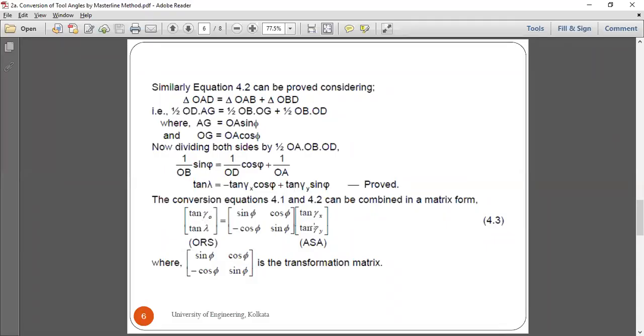And suppose you want to convert it to angles gamma x as a function of gamma naught and lambda, or gamma y as a function of gamma naught and lambda. In that case, you have to use the inverse of this transformation matrix, then you will be able to get it.